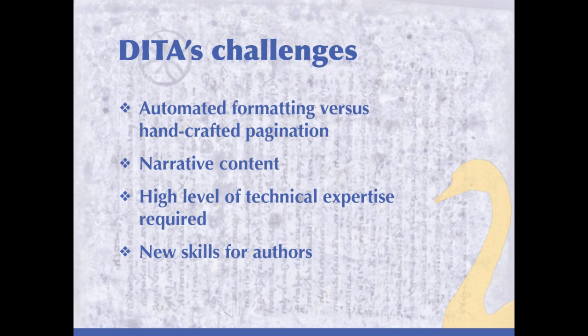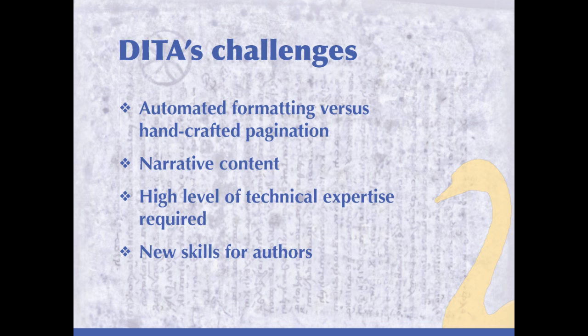So having said all these wonderful things, the next question is, of course, where are the challenges? What sorts of things does it not do so well? Dita specifically and XML in general will help you to do automated formatting, which means that you can push hundreds or thousands or tens of thousands of pages through an automated process to generate your various output formats.